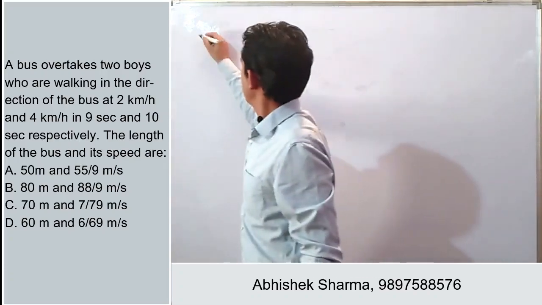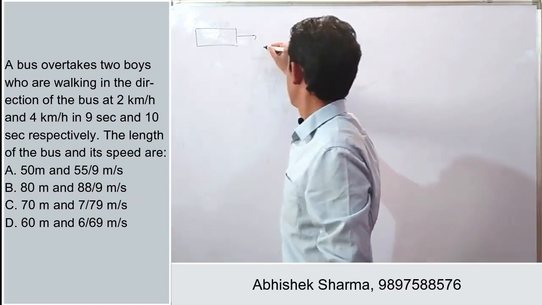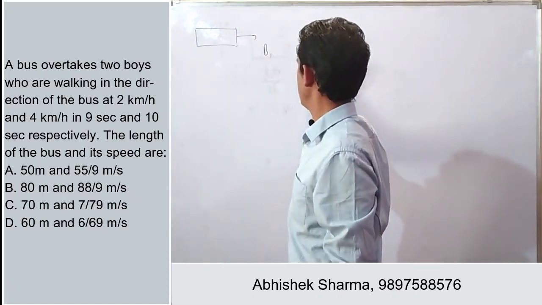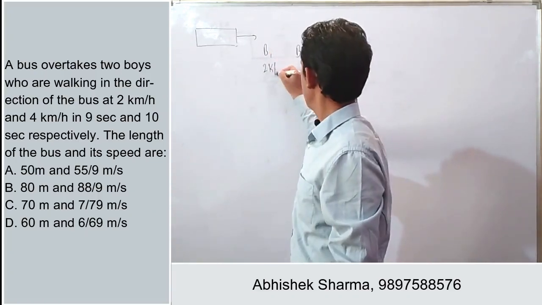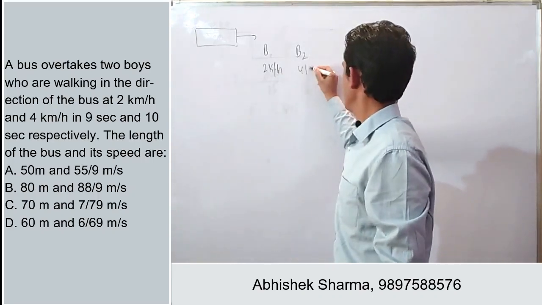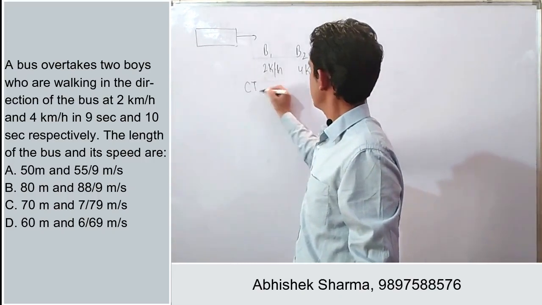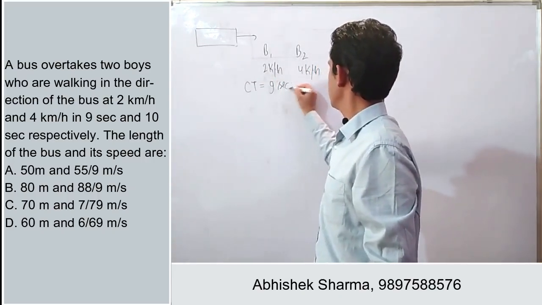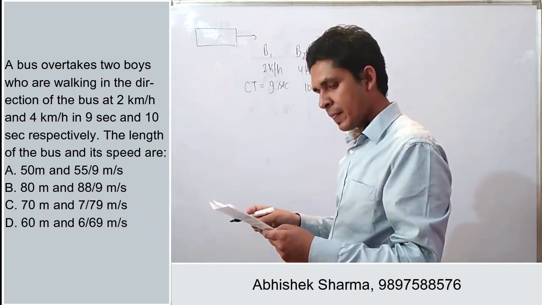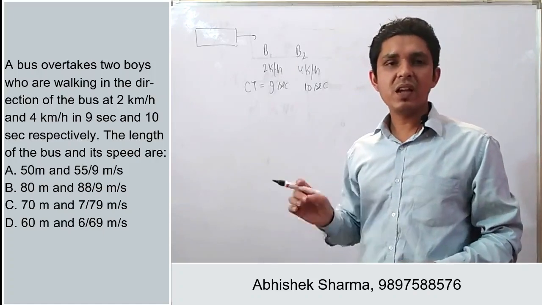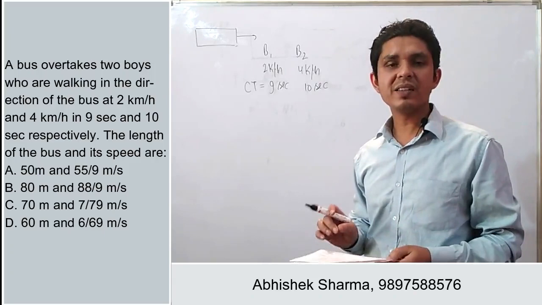So like this, suppose the bus direction, boy 1 and boy 2, the speed of boy 1 is 2 km per hour and the speed of the second boy is 4 km per hour. Crossing time is given, 9 seconds and 10 seconds respectively, and we have to find the length of the bus and its speed.